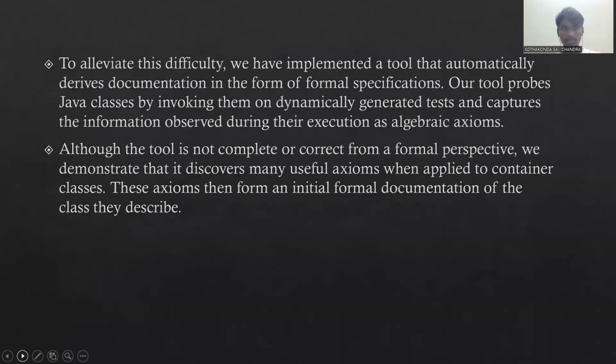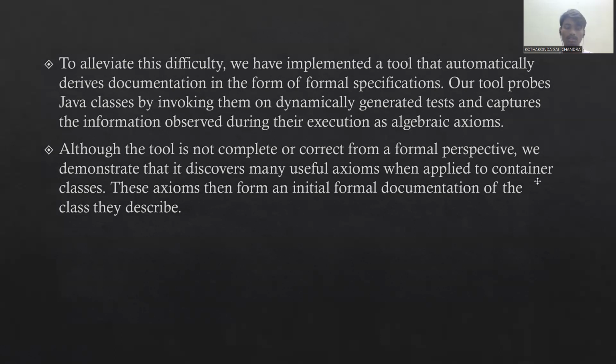To alleviate this difficulty, we have implemented a tool that automatically derives the documentation in the form of formal specifications. The tool probes Java classes by invoking them on dynamically generated tests and captures the information observed during the execution as algebraic axioms.